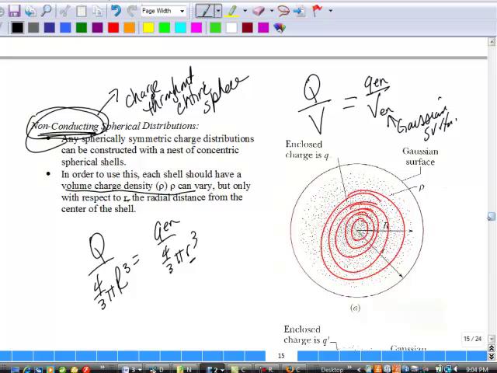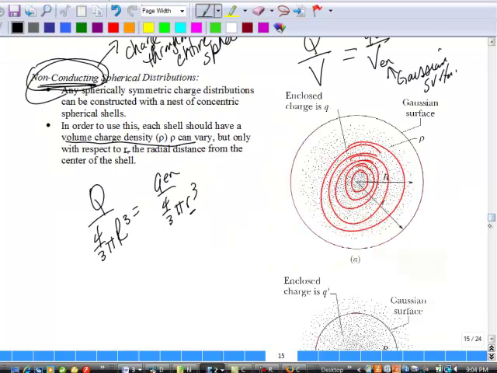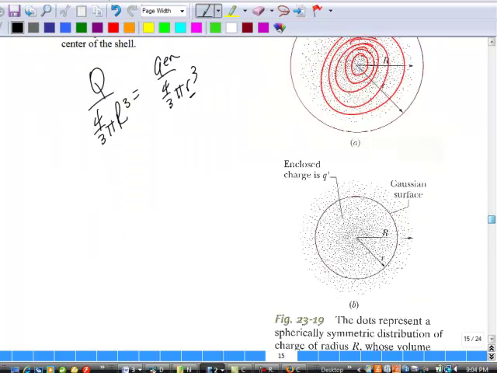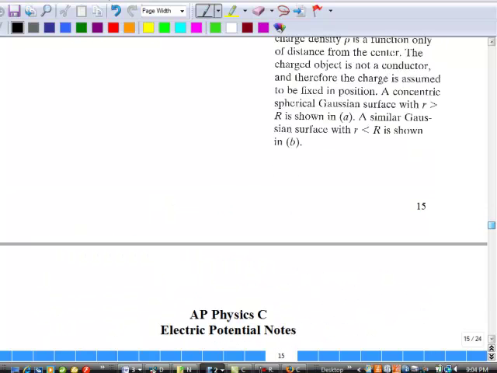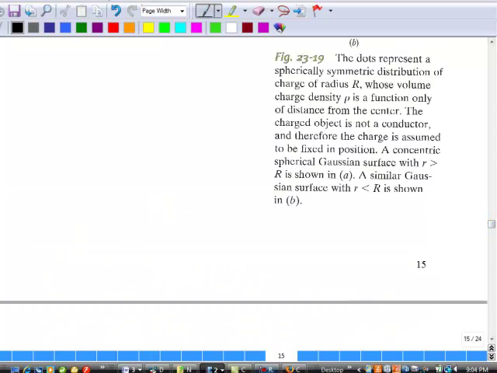And then of course when we apply that into Gauss's law, some of those r's will cancel each other out. Okay, and that is it for that. We'll start working some free response problems and continue on with the next part a little bit later.